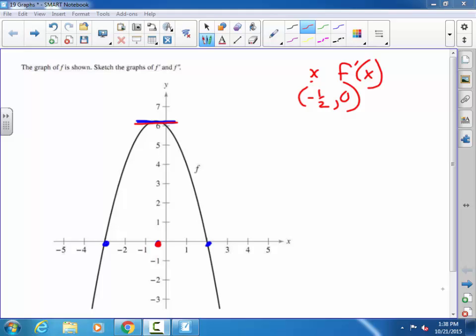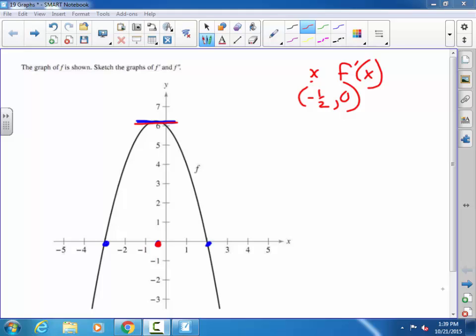If it's never 0 again, tell me about the derivative from this point to the right. It's either negative or positive. Don't know which, but it's either negative or positive. Tell me about the derivative from this point to the left. It's either negative or positive.